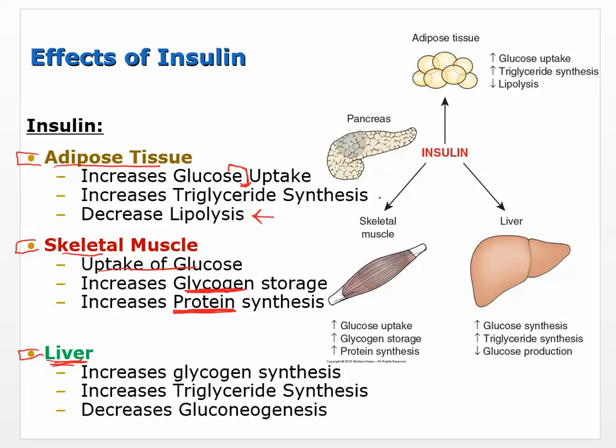So if I ask a question about what the effect of insulin is on any one of these tissue types, you just have to think, first of all, what makes sense. If it's adipose tissue, it's going to be focused around making fats and decreasing the breakdown of fats. Skeletal muscle tissue, well, you're not going to be making fats in skeletal muscle tissue.